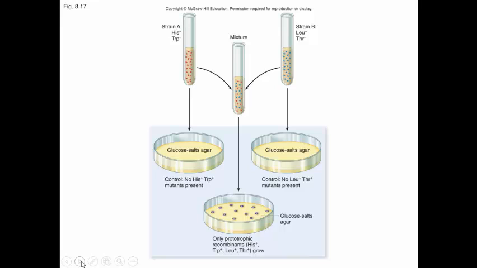Recombinants, these are cells that have received DNA from other cells. Homologs, these are identical genes. Homologous recombination, the replacement of a host DNA with foreign DNA of the same genes.